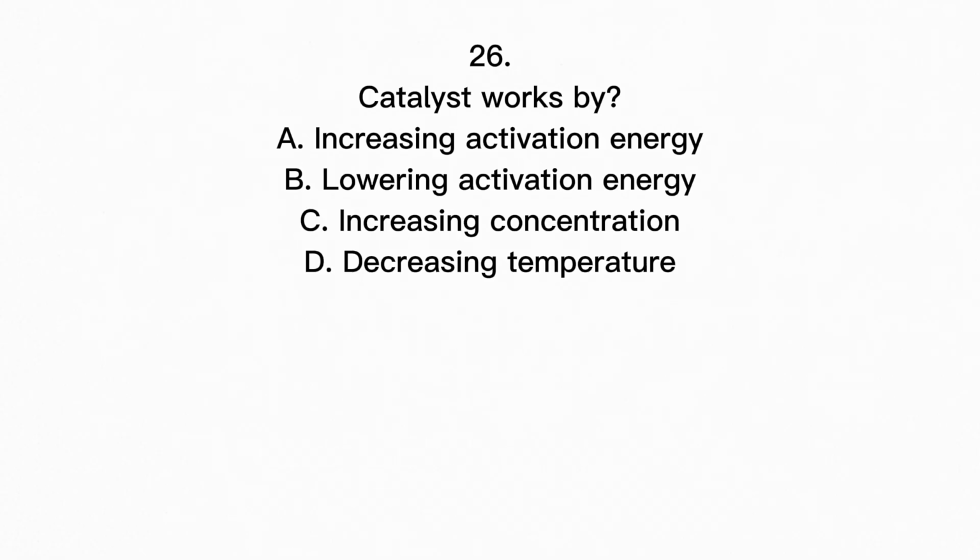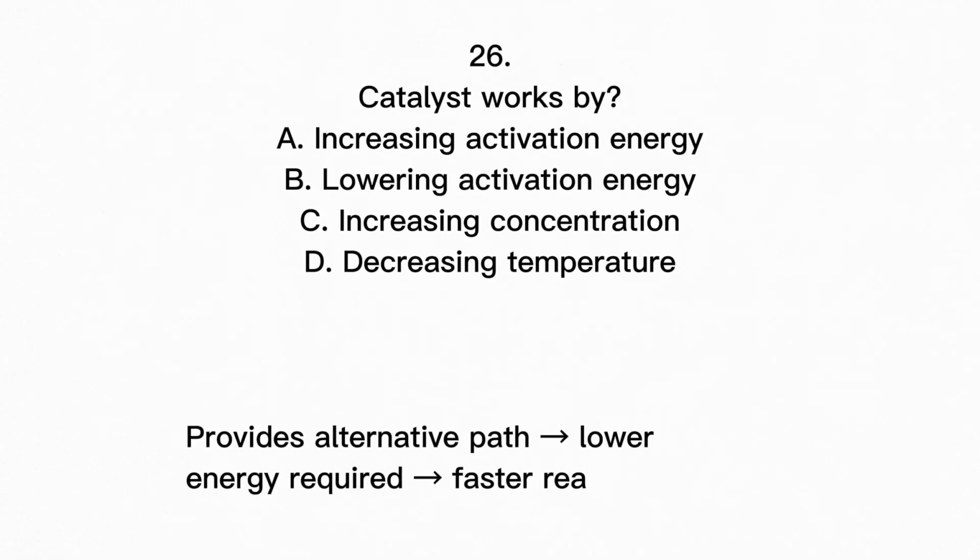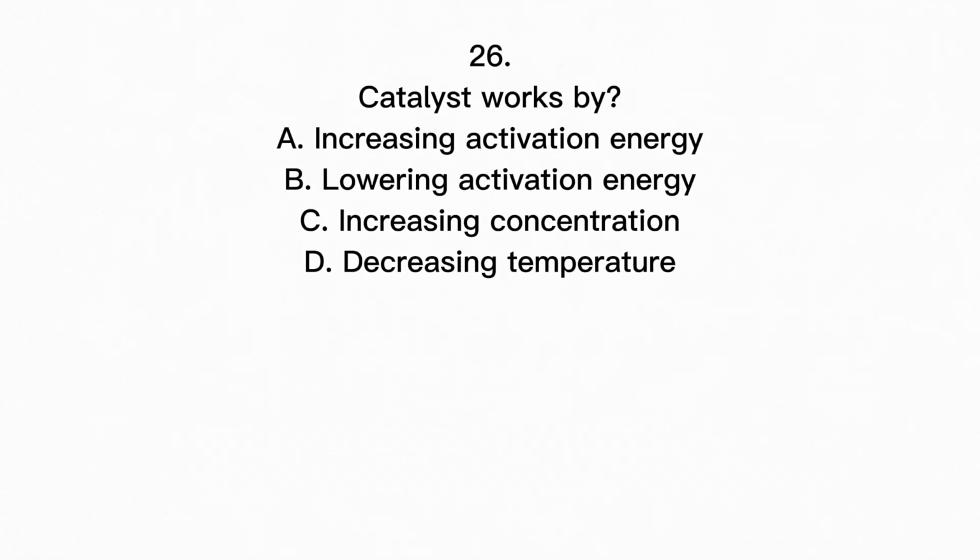The answer is B because it provides an alternative path that lowers the energy required and makes the reaction faster. For example, if you cook beans and put your catalyst inside, the catalyst will speed up the reaction and lower the activation energy. That means your beans will be done fast.